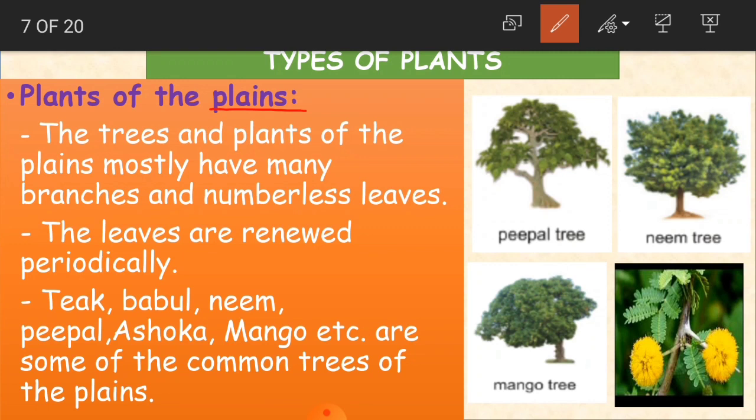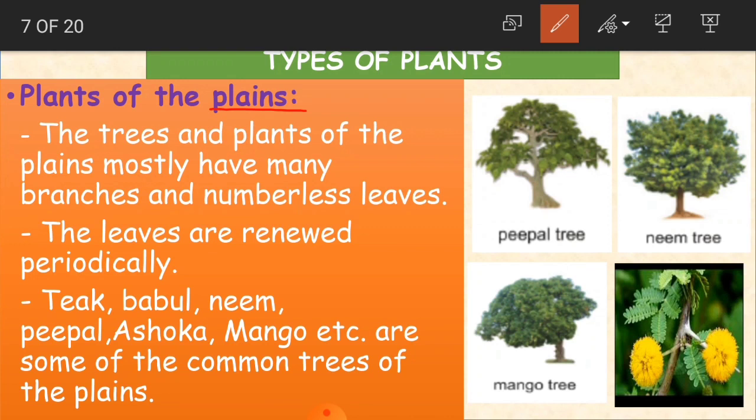The trees and plants of the plains mostly have many branches and numberless leaves. Numberless, in the sense that we can't count them. So many leaves.